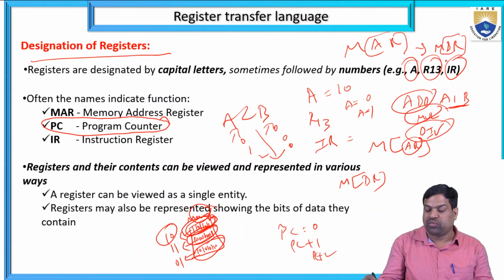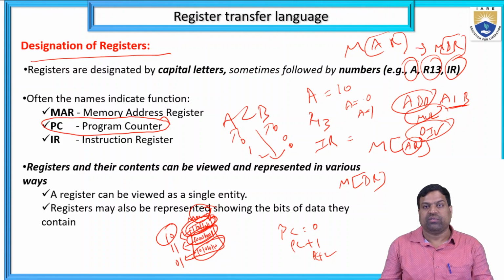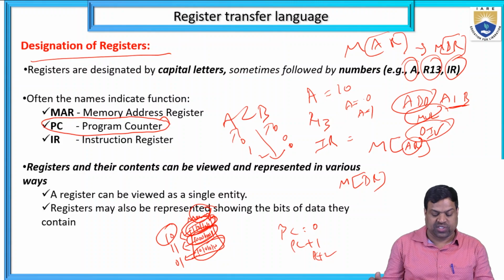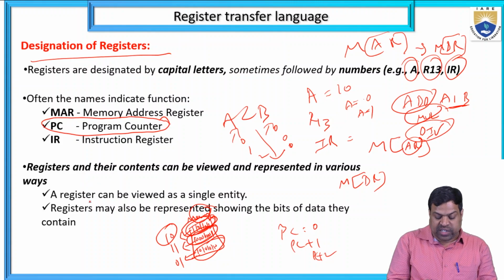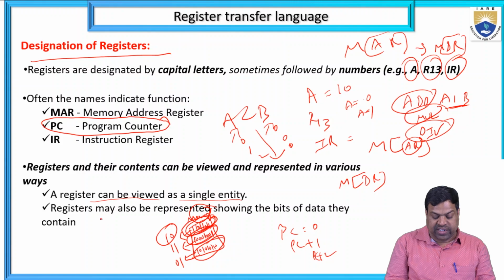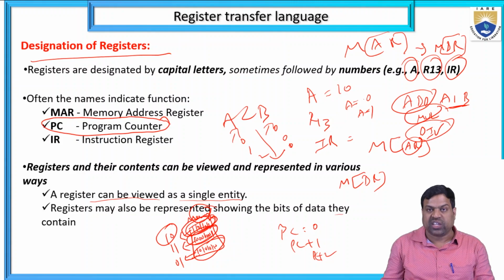So M of AR or MAR, M of DR or MDR. These are the specifying of registers, or names indicated as registers, or designation of registers. And a register can be viewed as a single entity. The register may also be represented showing the bits of data they contain.